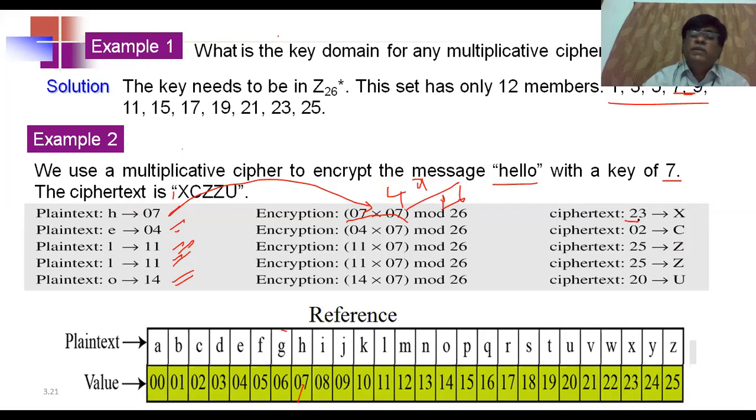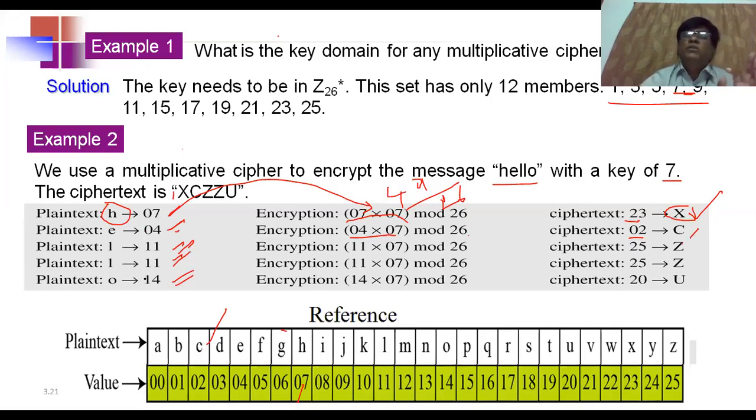Its equivalent character for 23 is X. So h is converted into X in the ciphertext. Similarly, e value is 4. 4 into 7 is 28. 28 mod 26, the remainder is 2. The equivalent of 2 is C. So it is C.